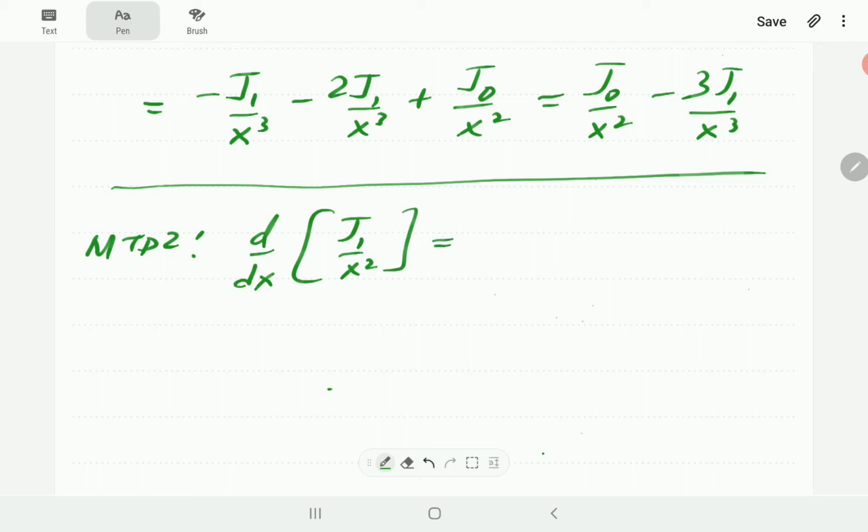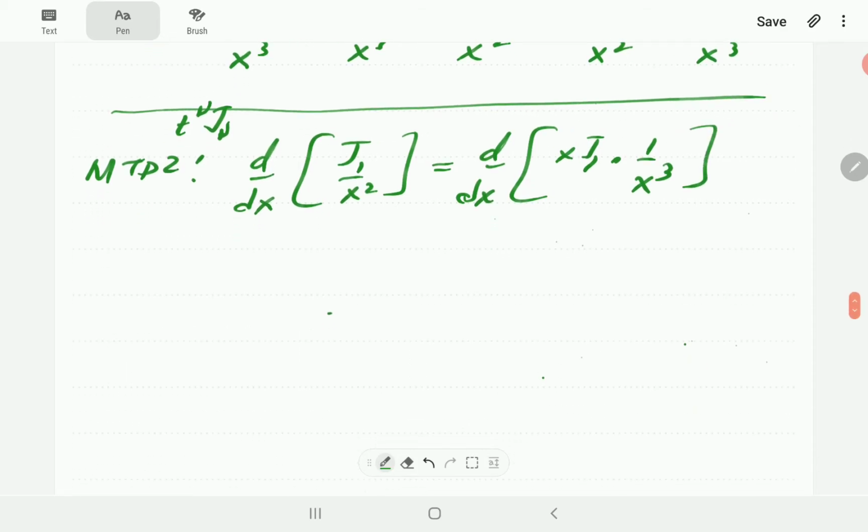If we multiply both numerator and denominator by x, because we are trying to have t to the ν J_ν for that first one, in this case ν is 1, so we're going to have x J1, and then this is going to be times 1 over x cubed this time.